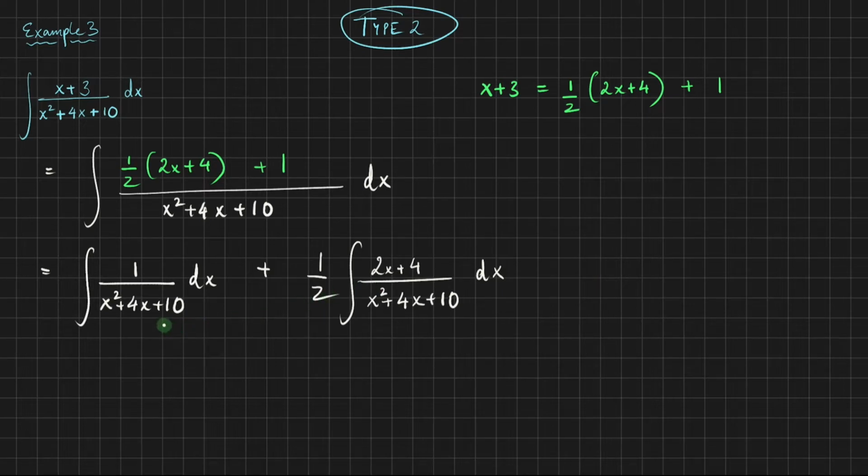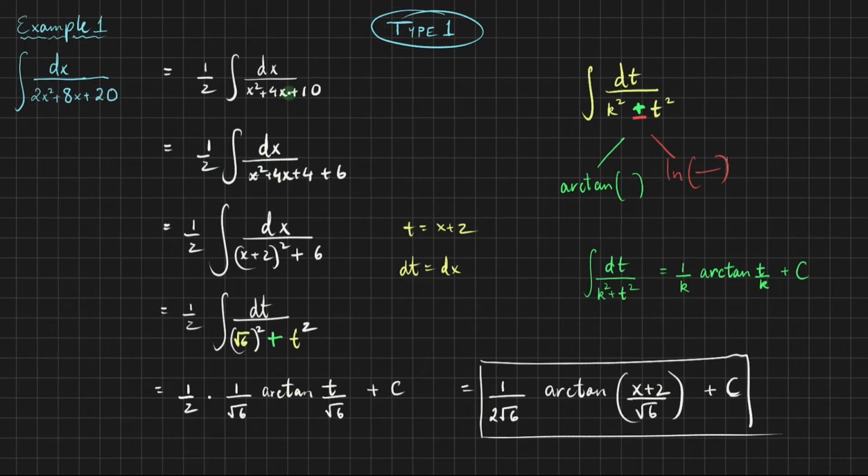Now if you remember, the first integral here is just a type 1 integral. And in the second integral over here, you can see the numerator is the derivative of the denominator, and therefore this can be evaluated by substitution. In fact, the first integral is very similar to an integral we have already done in this video, that is this one.